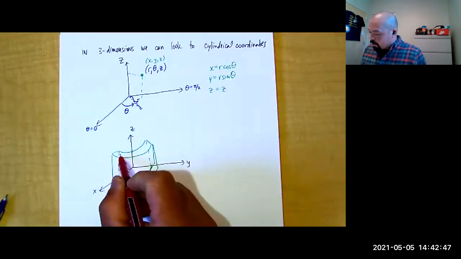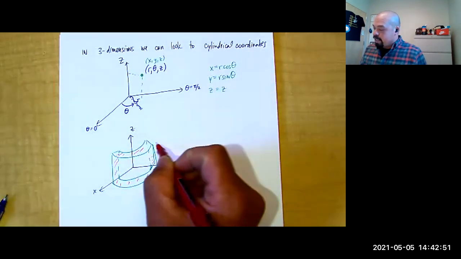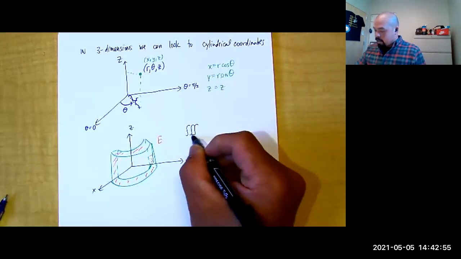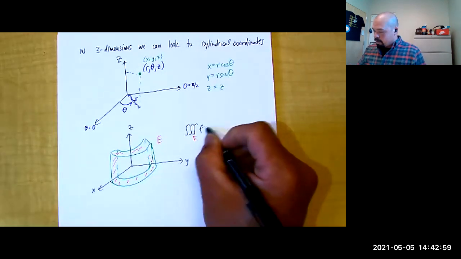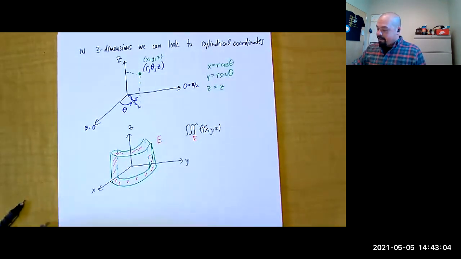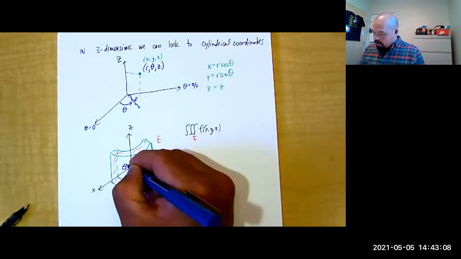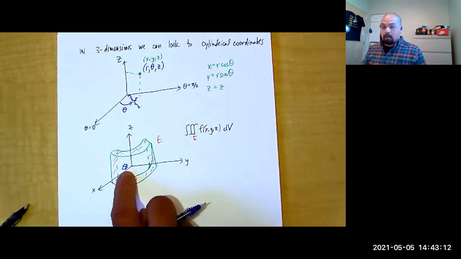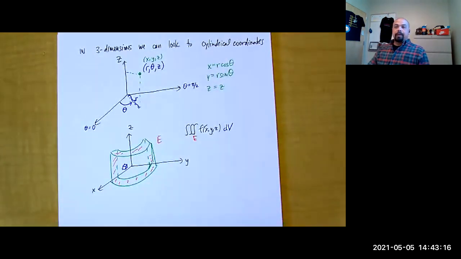Suppose this was our region E that we wanted to integrate some function throughout. So we'd have some little block of volume again, working throughout that space, okay?